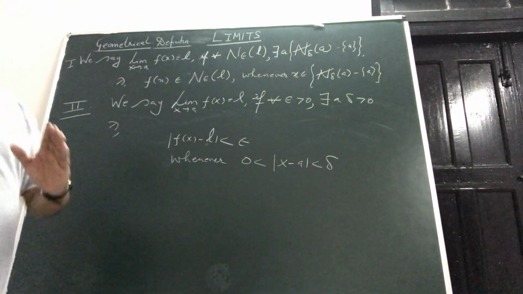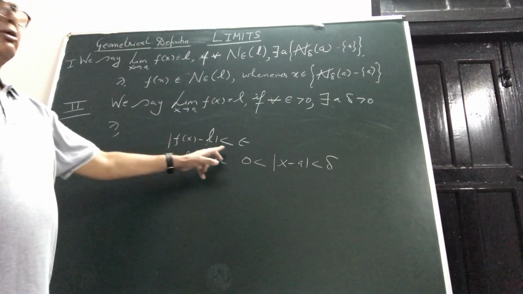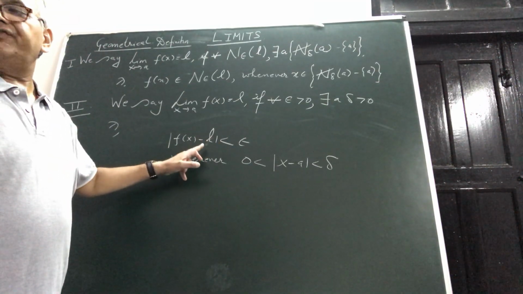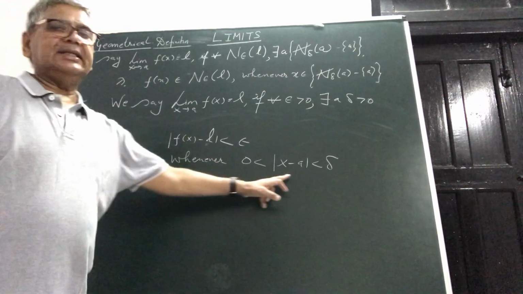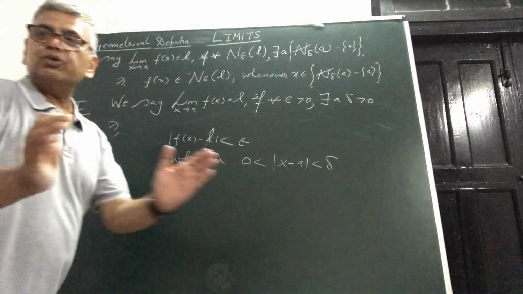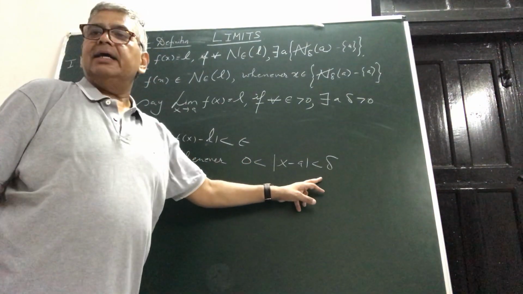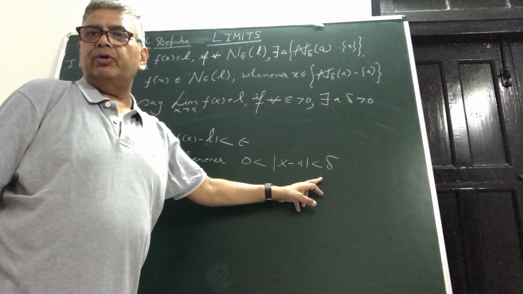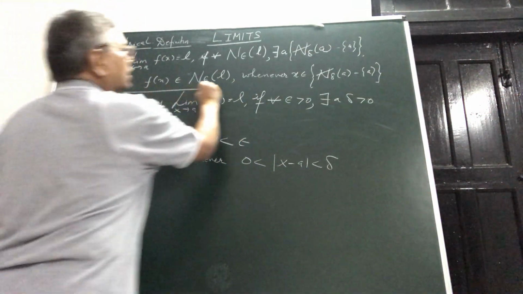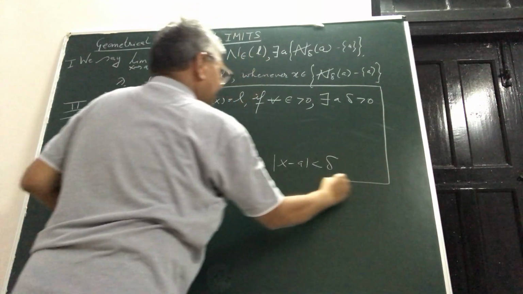I would like to further emphasize that this inequality is nothing but the epsilon neighborhood of L, and these two inequalities, one is this left one and the other is this, these two combined will give you nothing but the deleted delta neighborhood of A. So this is the second definition, which is somewhat more abstract.